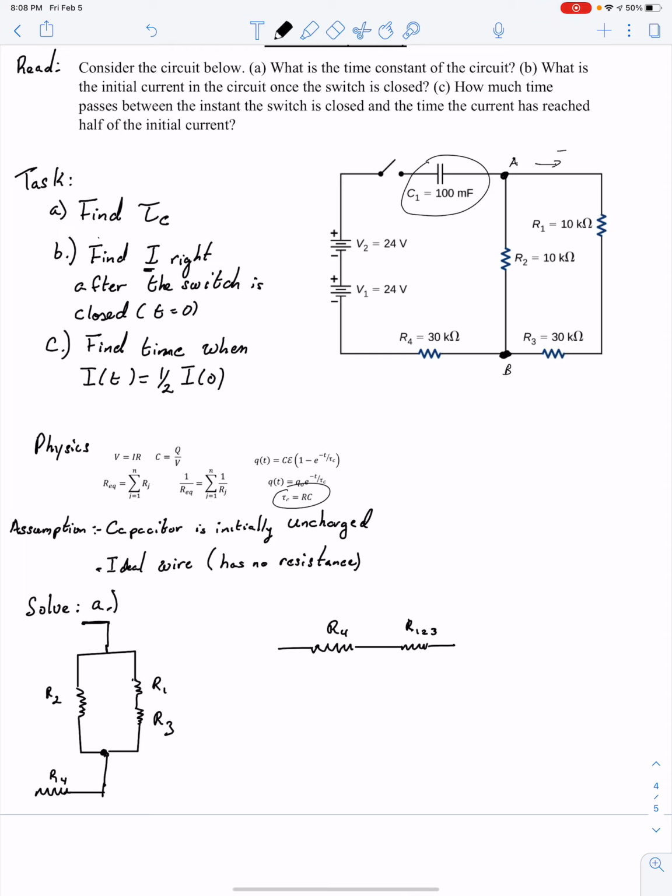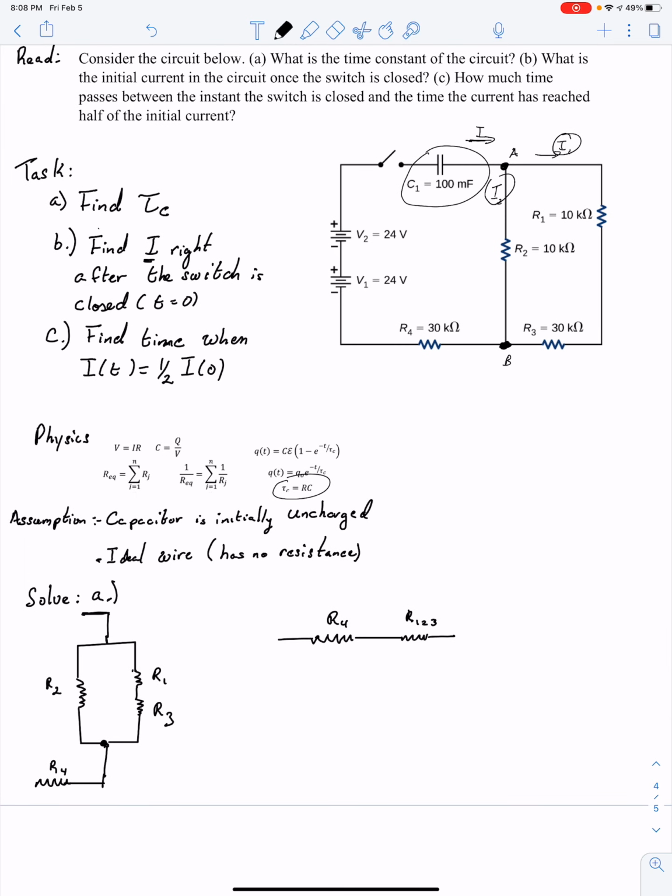Current here and current here are being split, or this current right here is being split into two. So we have a different current here and a different current there. If there are two different currents and there's a split, that is a hint that it is a parallel. But how much of a parallel is it? Because for this side right here, we have a resistor and another resistor in series.